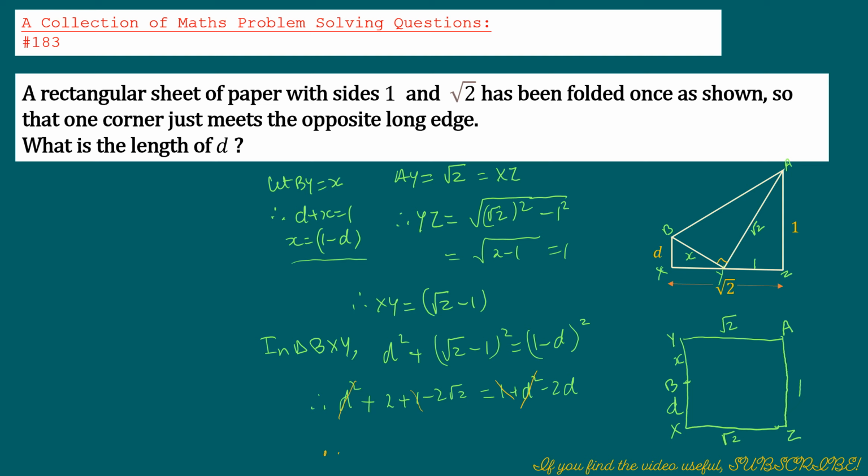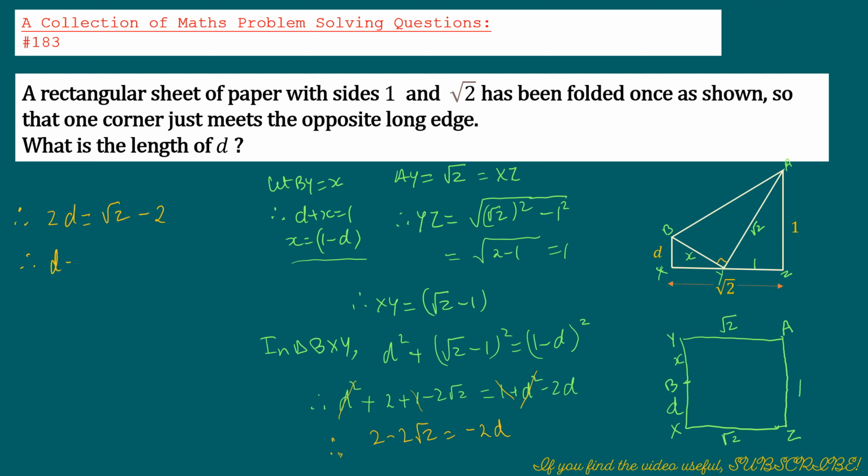Sorry. Therefore, we can say that 3 minus 2 root 2 equals 1 minus 2D, and therefore twice D equals 2 root 2 minus 2.